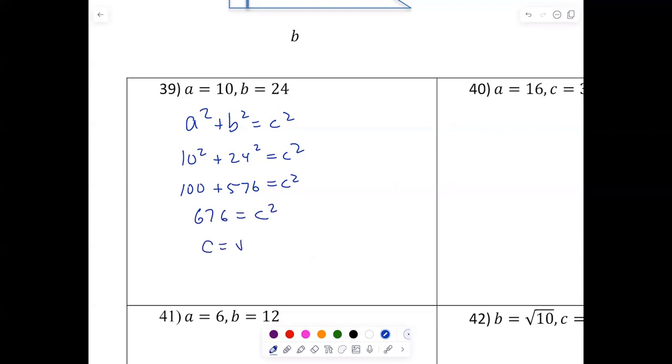C equals the square root of 676, which is, I believe, 26. Anybody have any issues with that?